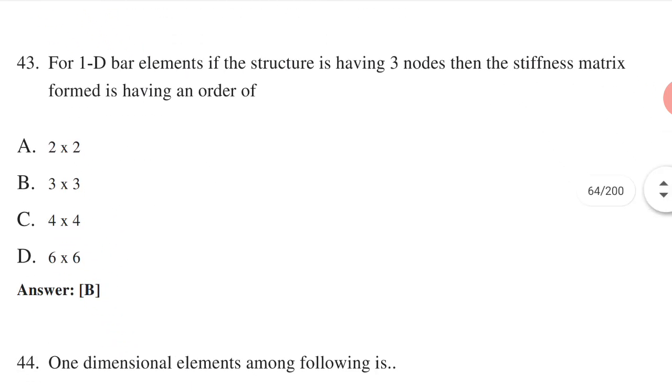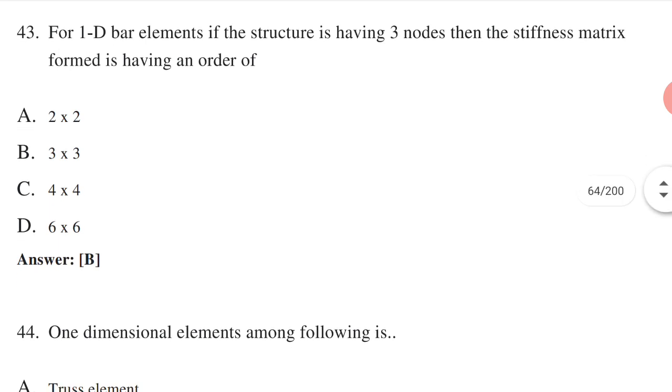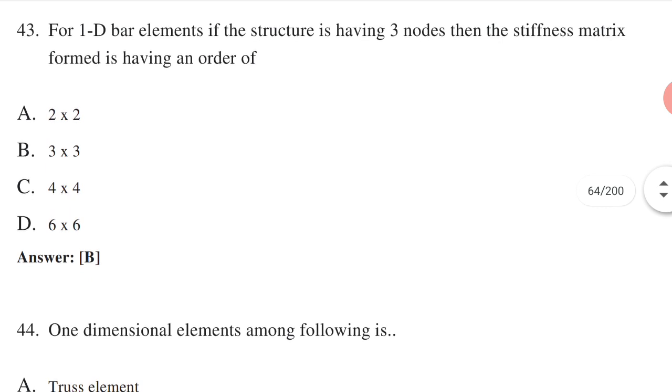Okay. Then next is, for a one dimensional bar element, if the structure has 3 nodes, then the stiffness matrix has an order of obviously 3 by 3, because it is a one dimensional element, and the order of the stiffness matrix is equal to the number of nodes available.